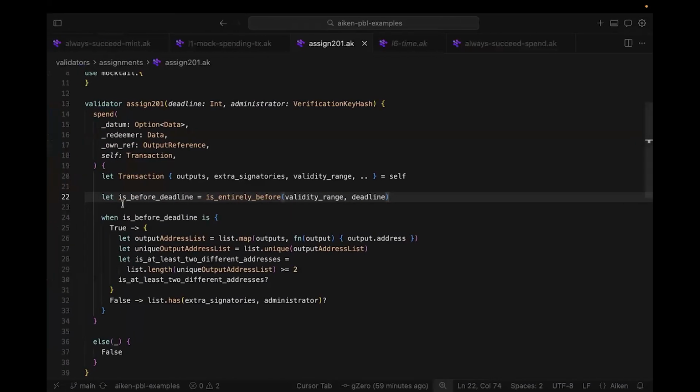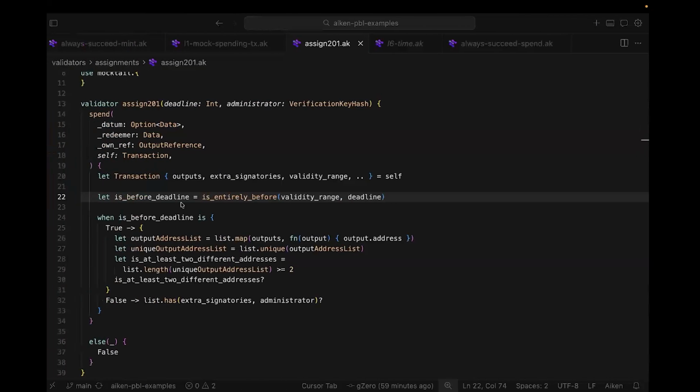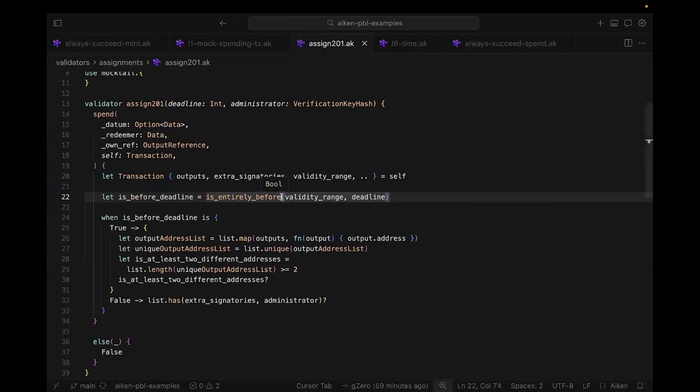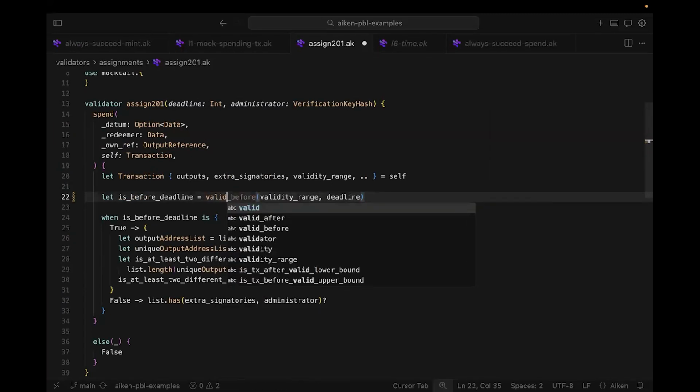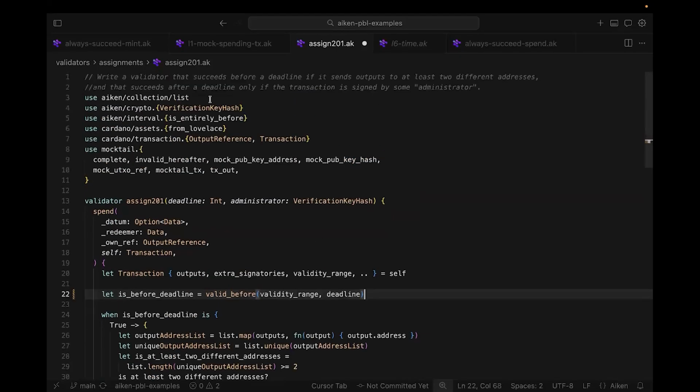Is before the deadline would be... validity range is before. So valid before. All I have to do is before deadline, valid before. And I'll put valid before from cocktail.